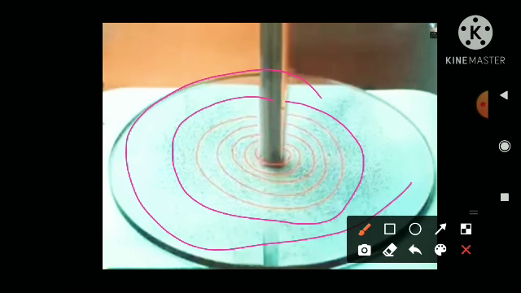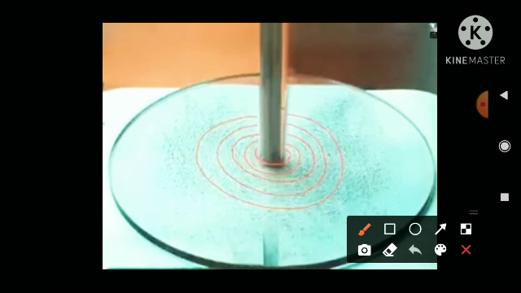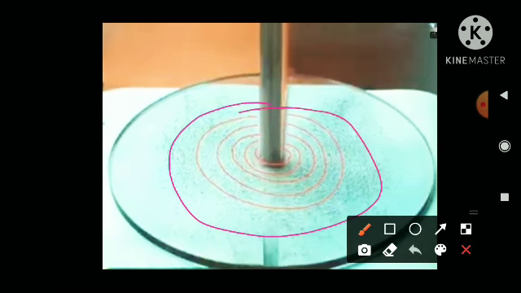What are concentric circles? All the circles having one common center point. So the electric current through the conductor also forms a magnetic field. Also they form magnetism. So by the electric current, on the glass tube, all the iron filings are arranged in concentric circles.